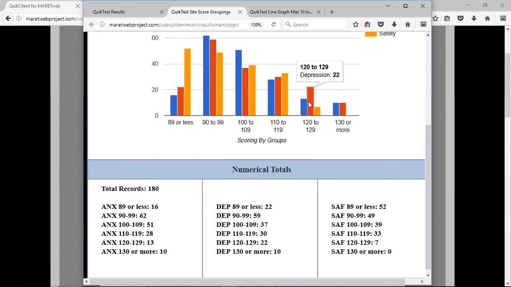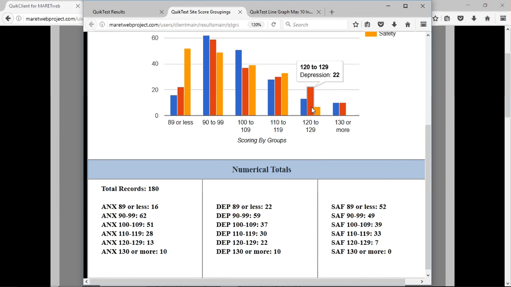Obviously, anxiety, between this one here, 30, 22, that's 50 some, almost a third of my cases have an anxiety score above 110, and 22 of those, almost half of those, are above 120. Anxiety is something I can deal with. Anxiety is something that I can counsel well.